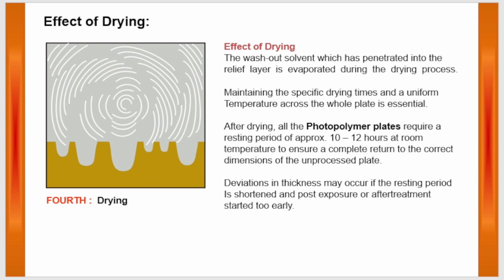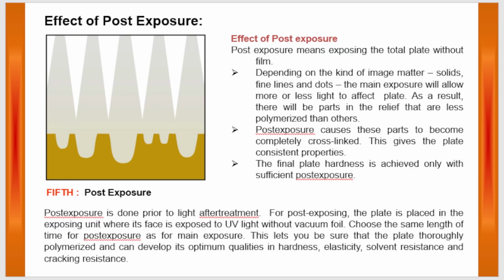Deviation in thickness may occur if the resting period is shortened and post-exposure or after treatment is started too early. Now, effects of post-exposure. Post-exposure means exposing the total plate without film. Depending on the kind of image matter, solids, fine lines, and dots, the main exposure will allow more or less light to affect the plate.